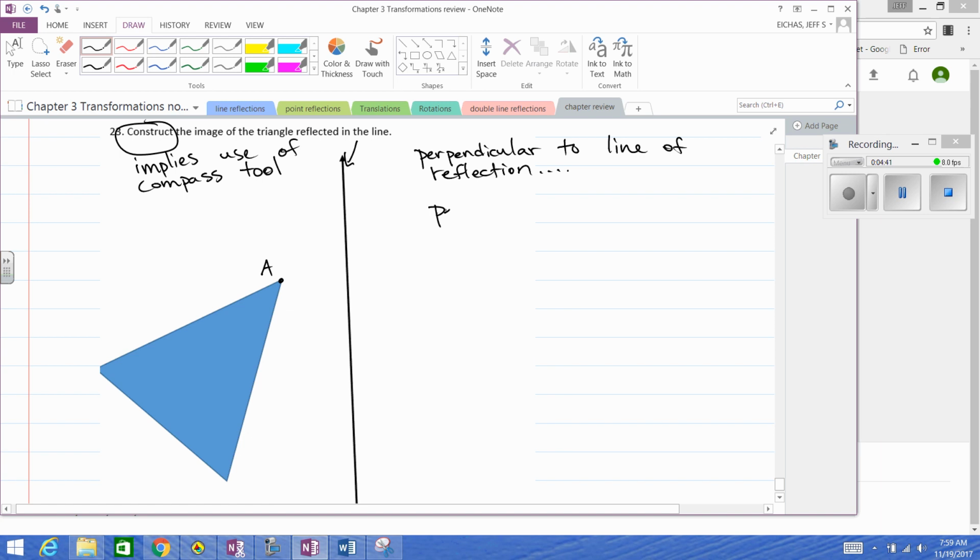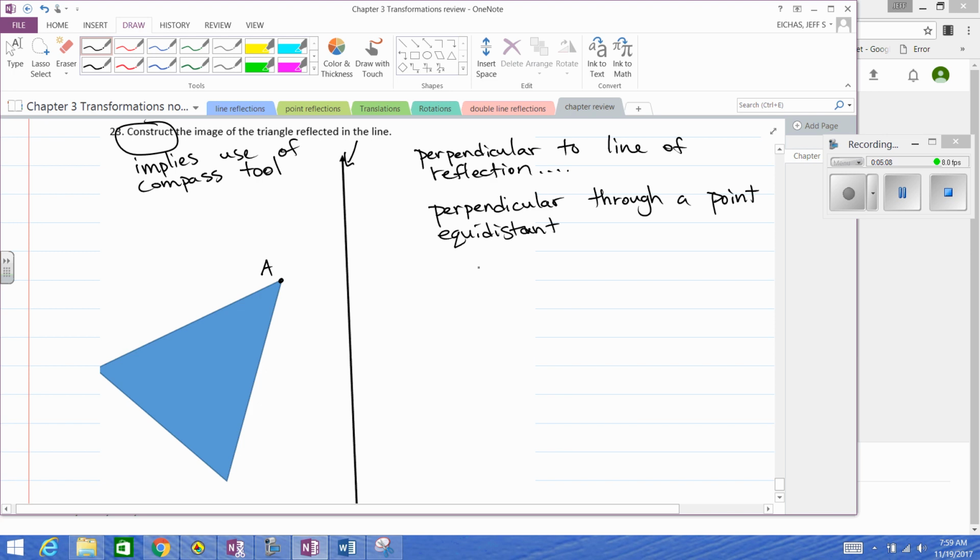It's going to be perpendicular through a point. If you recall what we did last chapter for that one, there are two different methods that I teach for perpendicular through a point. Then we're going to have to do equidistant.